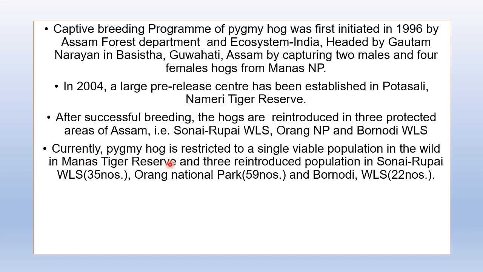Currently, pygmy hog is restricted to a single viable population in the wild in Manas Tiger Reserve and 3 reintroduced populations in Sonai Rupai Wildlife Sanctuary, Orang National Park, and Bornadi Wildlife Sanctuary.